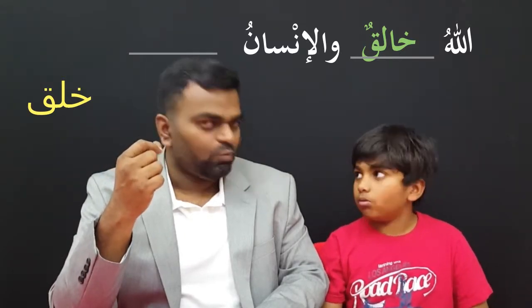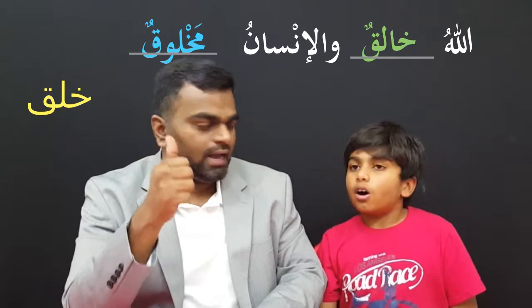Ism maf'ul. Why? Because there's action done on it, right? It was created. So we say wal insan, you put it in the pattern of maf'ul, and that would be makhluq. So Allah is the creator and the humans are the creation.